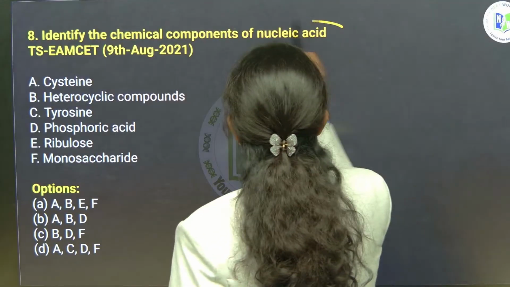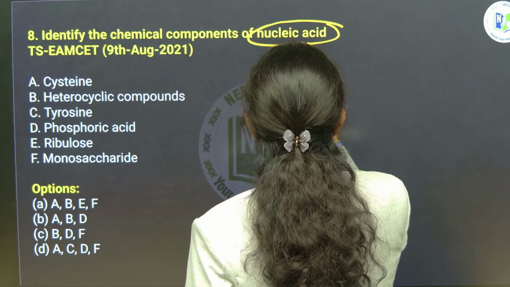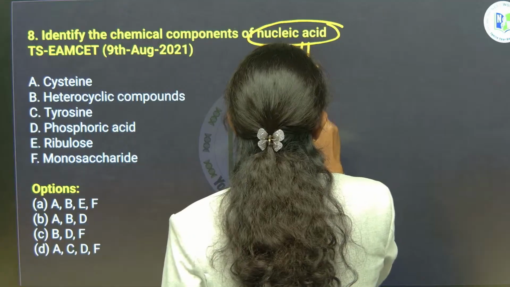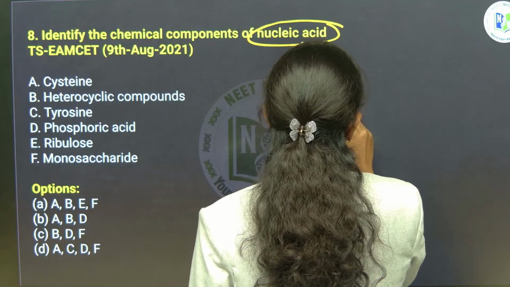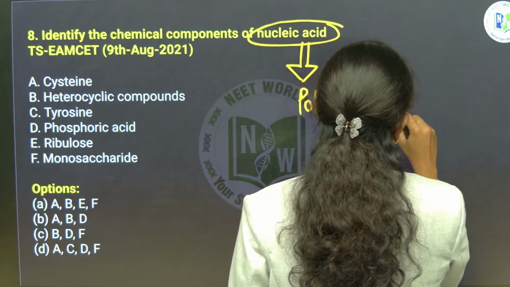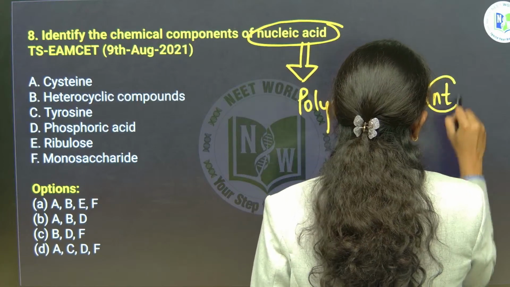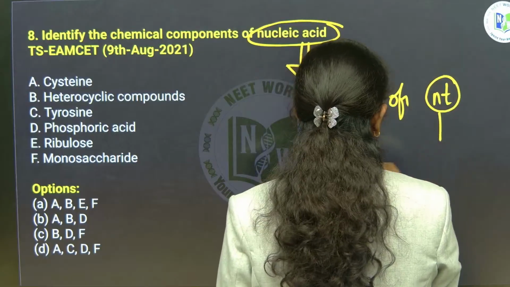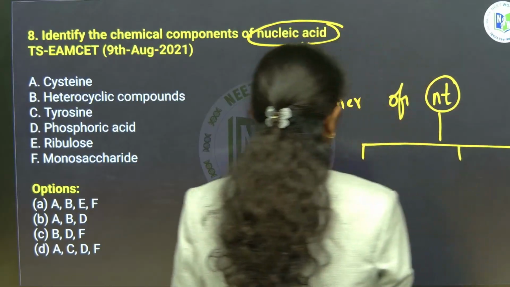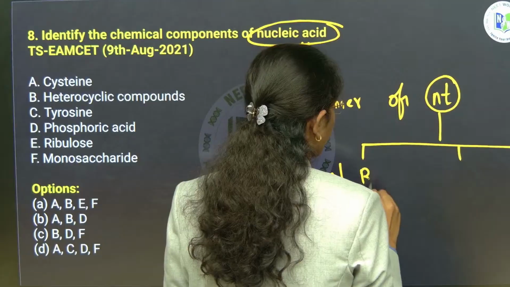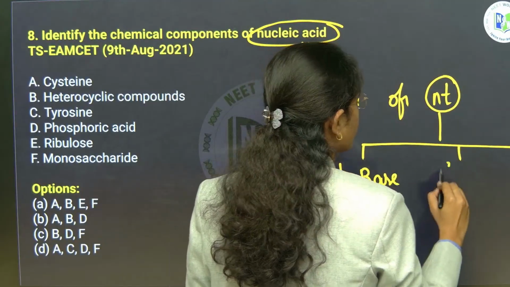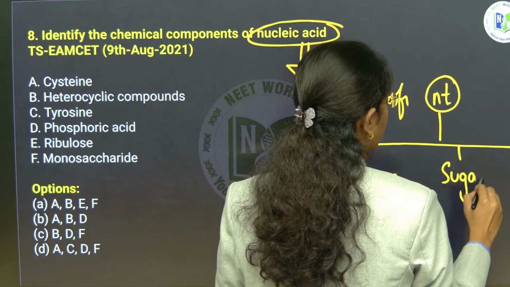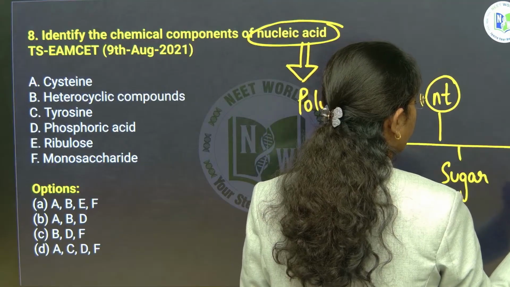You know, nucleic acid is nothing but what? Polymer of nucleotides, right, ma? It is a polymer of nucleotides. A single nucleotide will have nitrogen base, sugar and phosphate group.